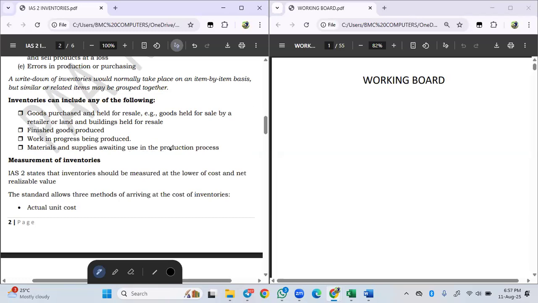Okay. So the other day I was saying that depending on the question, when we take a building like this, we all know building is a non-current asset.